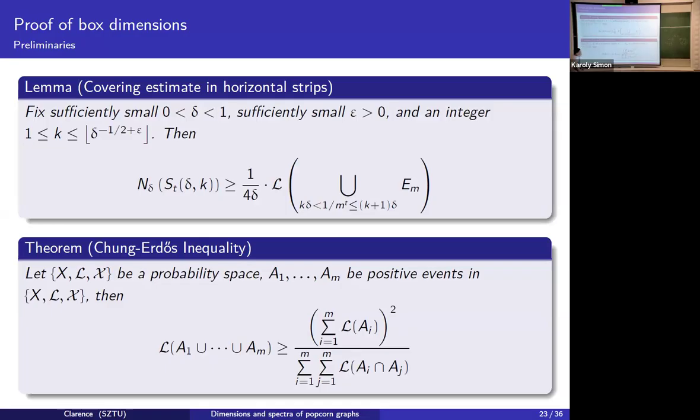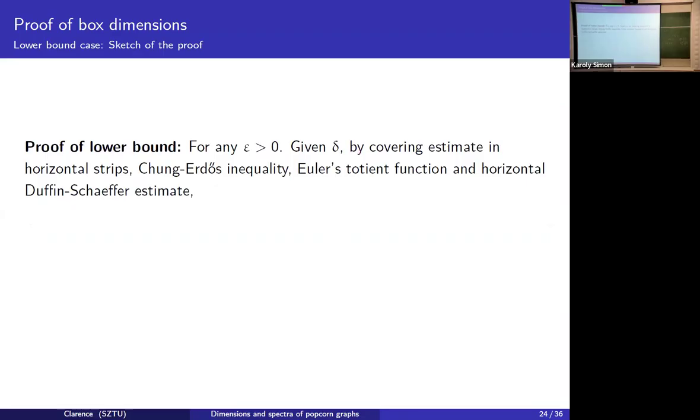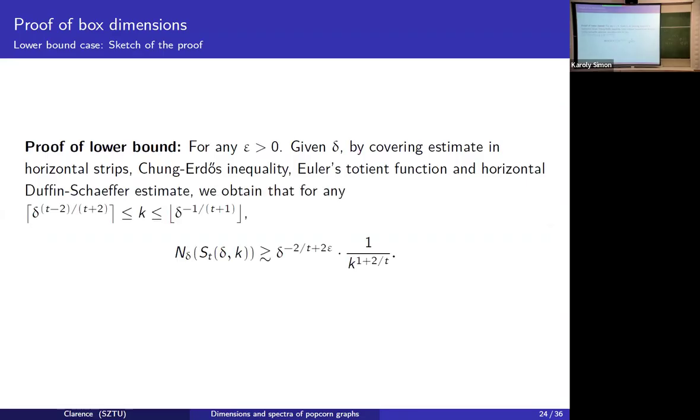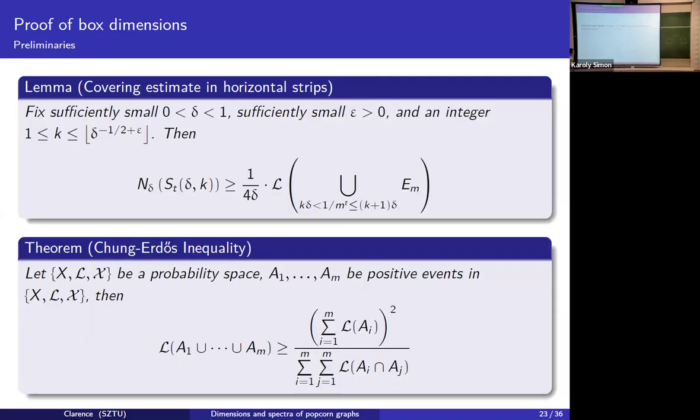And as for the lower bound estimates, the numerator part is, I think, not so hard, but the denominator part will be controlled by the differential estimates. So that is using the covering estimate in horizontal strips at first, the Dodge inequality later, and Euler's totient function to control the lower bound of the denominator.